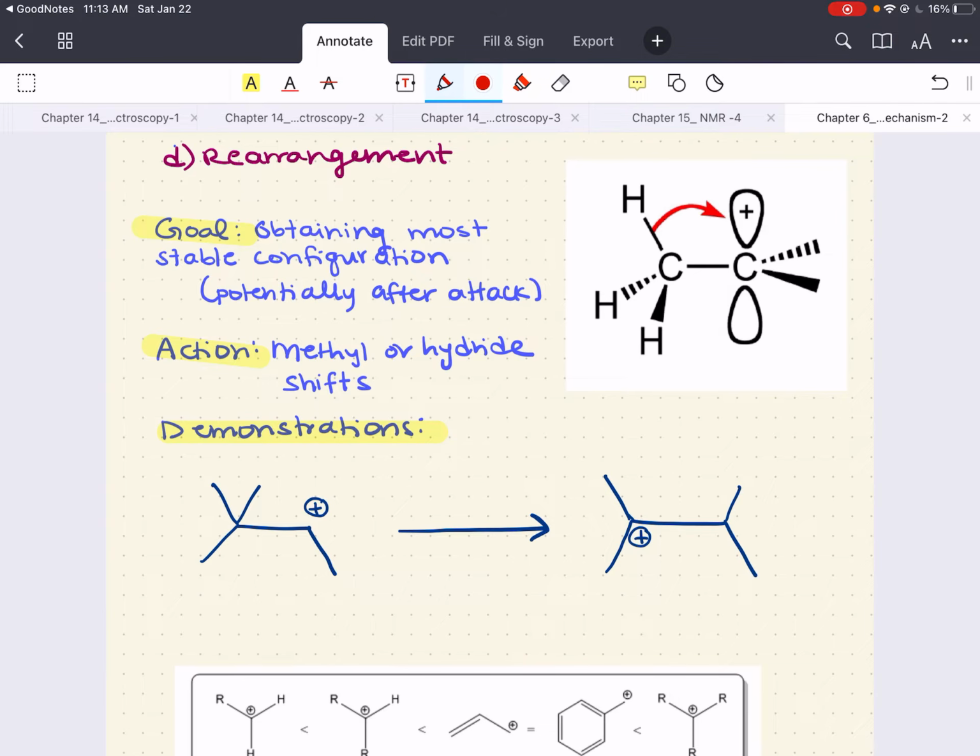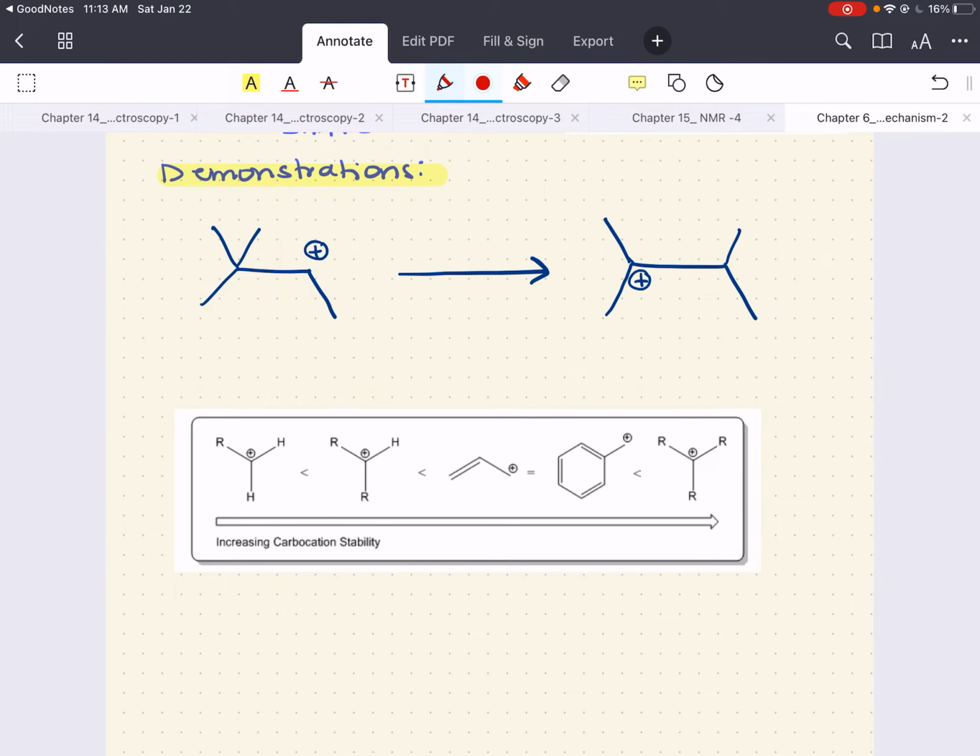But let's first look at our carbocation stability chart. Keep that in mind and then do this example problem. A primary carbocation, a carbon with a positive charge that only has one variable group that's not a hydrogen, is less stable than a secondary carbocation, a carbon with a positive charge and two variable groups that aren't hydrogens.